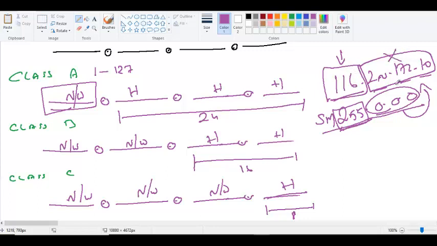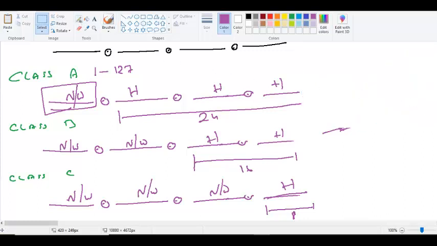So the default mask for Class A is 255.0.0.0. That is what is called a subnet mask. The subnet mask tells you how many bits were given for networking. In Class A, only 8 bits are given. So the mask will be 255.0.0.0.